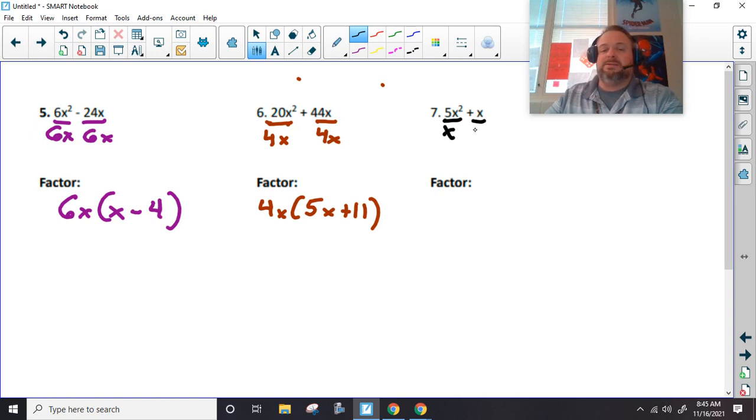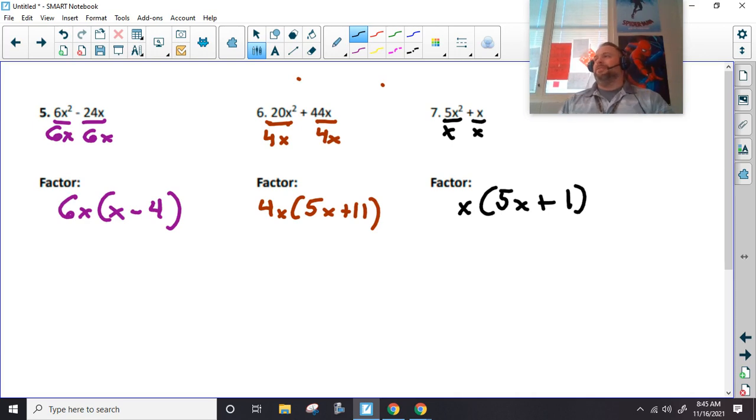Just an x. Now, what is anything divided by itself? What's 2 divided by 2? That would actually be a 1 right there. A lot of people forget that.